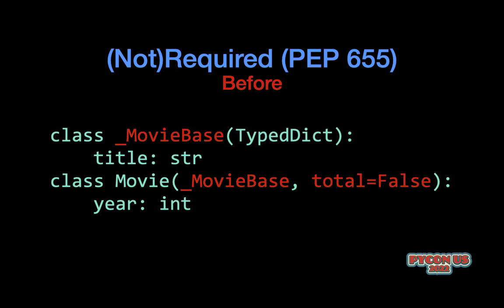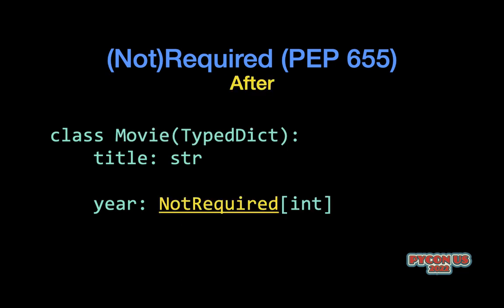It was possible to define a TypedDict where some of the keys are required and some are not required, but you had to do this weird hack where one TypedDict inherited from another in order to mark some keys as required or not required. Well, now you can just mark it directly. Very commonly you have a lot of keys that are required and a few that are not required, so this is much, much simpler to write.